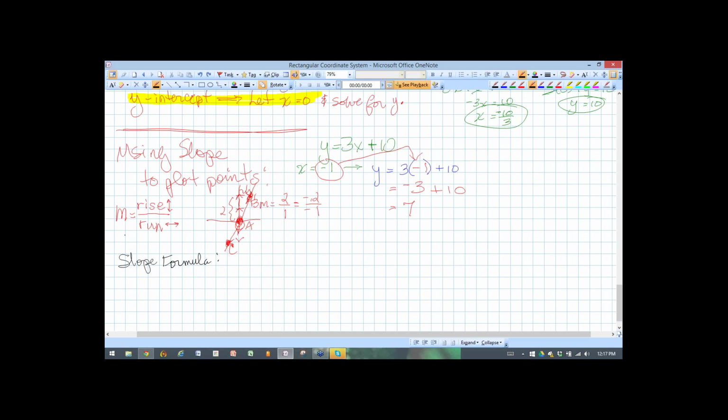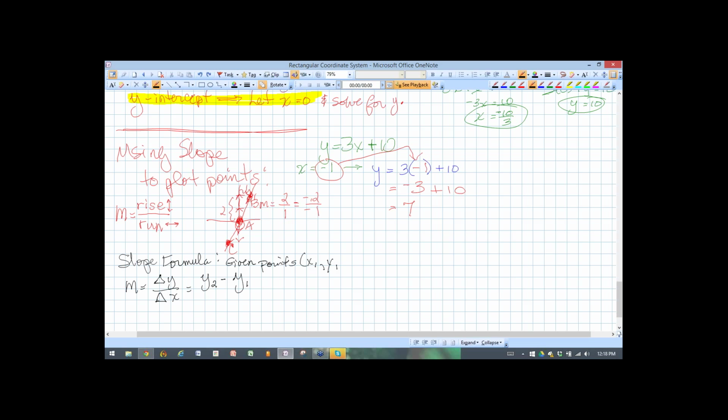The slope formula is this, and it's still rise over run, the difference of our y's over the difference of our x's. So delta means the change, or the change in y over the change in x is going to be y2 minus y1, and this is given two points.